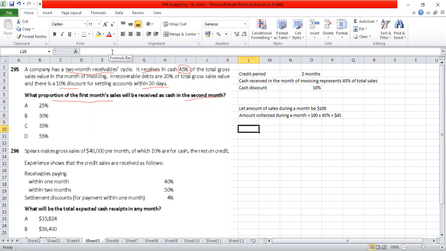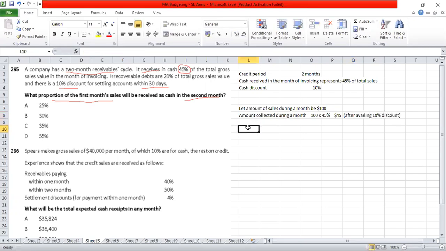I hope till here everything is clear. But the $45, if it is collected, is after discount. So this 45 is after availing a 10% discount.